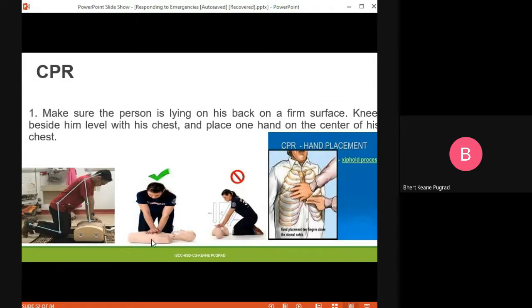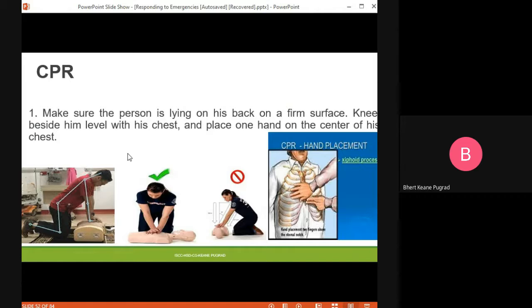So, what are the steps in doing CPR? Okay, first, we need to make sure that the person is lying on his back on a firm surface, para kapag ikaw ay nag-deliver ng compression, hindi pumapaloob yung pasyente.